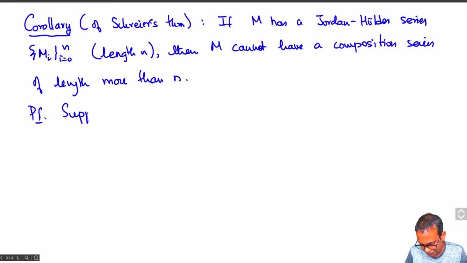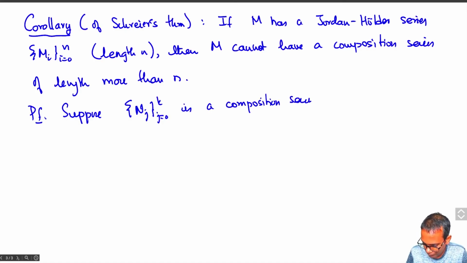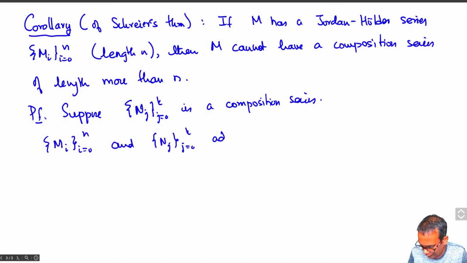So suppose Nj, j goes from 0 to k, is a composition series. Then Mi, i equals 0 to n, and Nj, j goes from 0 to k, admit refinements sigma 1 prime and sigma 2 prime respectively.